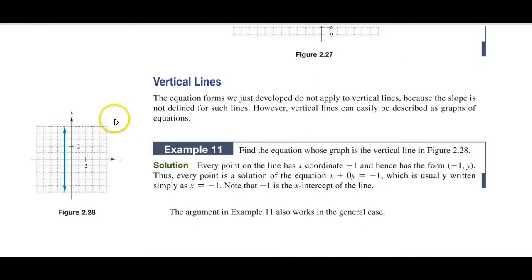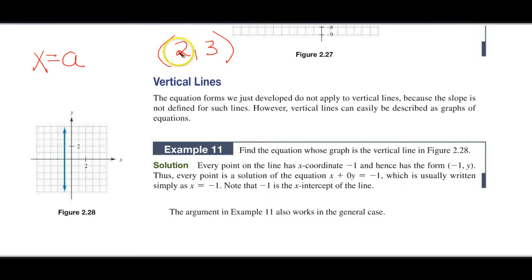Now, whenever they ask you to find an equation of a vertical line, this ought to be easy. And you might say, well, why is it easy? Because if you remember, the equation of a vertical line is x equals a, and they want a vertical line to go through 2, 3. This ordered pair, by the way, is sometimes written a, b.